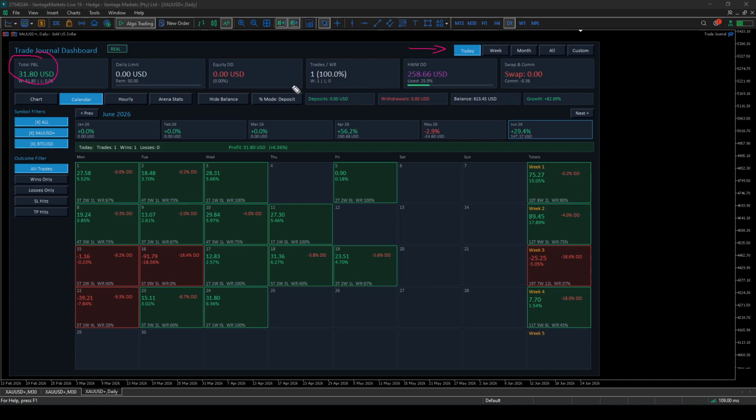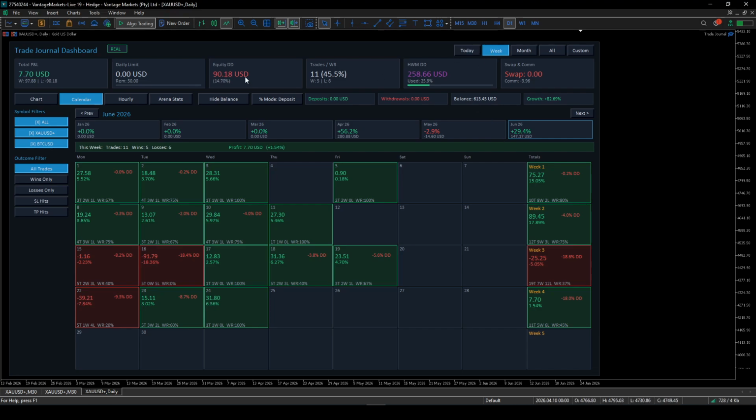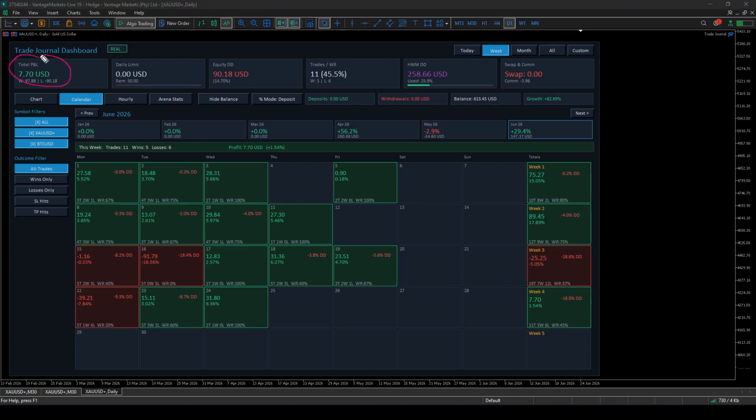If you notice, today I traded only one trade, which you can see in here. Also, this week I made around $8. Here you can see the total calculation, because I had some bad days.